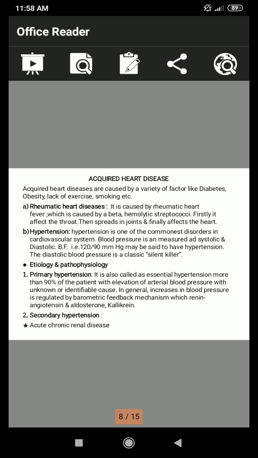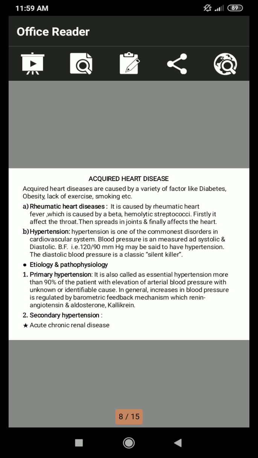Okay, next is the etiology and pathophysiology of acquired heart disease. First is primary hypertension and second is secondary hypertension. Primary hypertension is also called essential hypertension. More than 90% of patients have elevation of arterial blood pressure with unknown or unidentifiable cause.